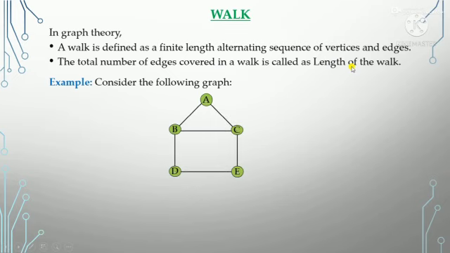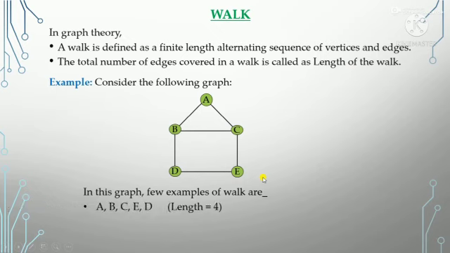Suppose we have a graph like this, and here we have 5 vertices: A, B, C, D, E. Suppose this walk is A, B, C, E, D. This is a walk, right?